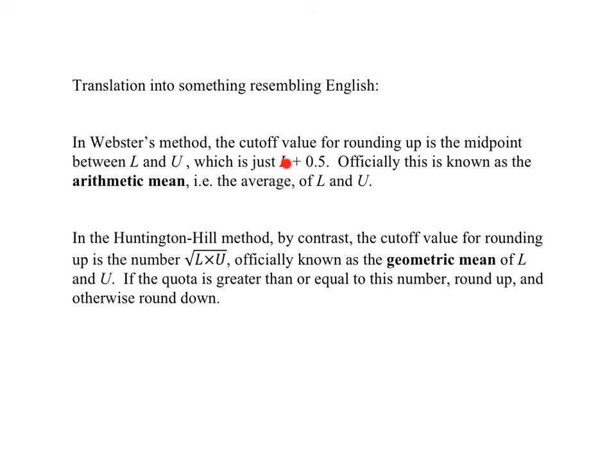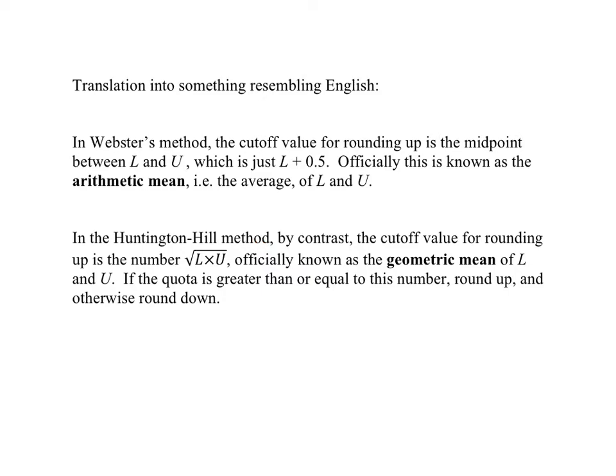So this number that's halfway between lower quota and upper quota is just the average of those two numbers. The halfway point between 7 and 8 is 7.5. 7.5 is just the average of 7 and 8. That's officially known as the arithmetic mean. So what's going on in the Huntington-Hill method?